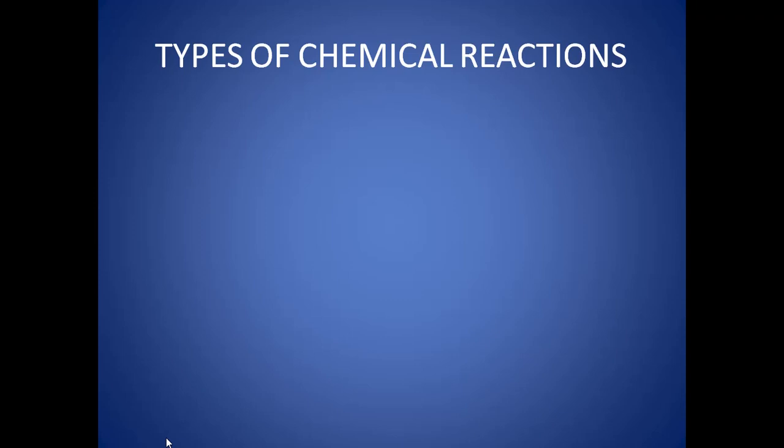Now there is a final topic of this chapter, that is types of chemical reactions, which we are going to study here. The first type of chemical reaction is a combination reaction. We know when two or more things combine with each other, that is a combination reaction.